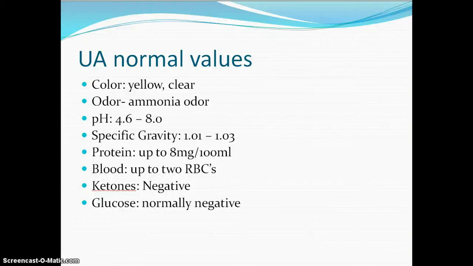When we look at ketones, that's telling us about diabetes and if they are breaking down protein and the waste product is the ketone products. Again, our glucose, we should be negative. If you have somebody that's an undiagnosed diabetic, they may be spilling glucose into their urine. So all of these things from page 1054, good to know about.